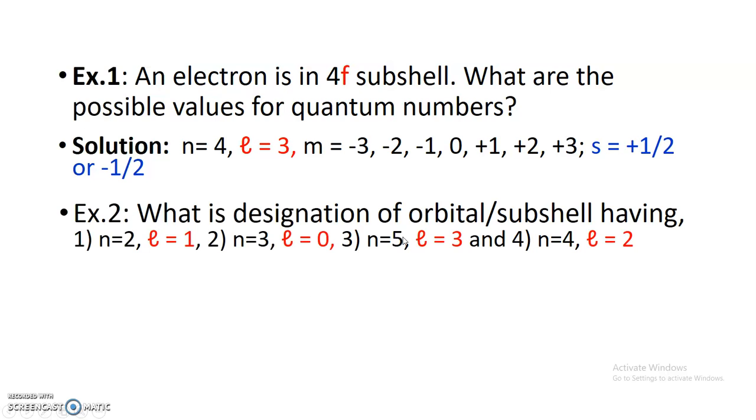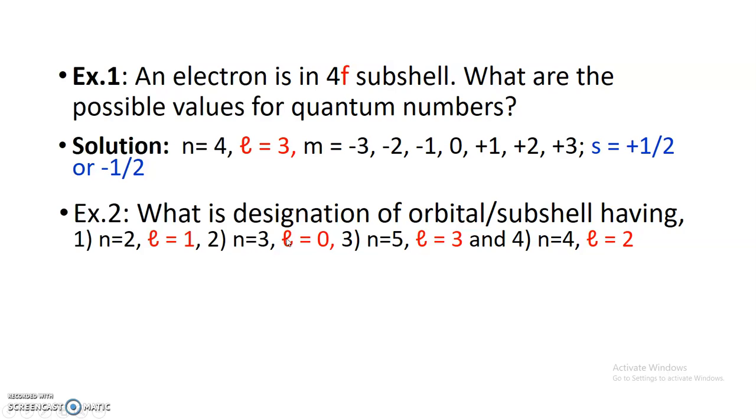Another example: what is the designation of the orbital subshell having, first, n is equal to 2, l is equal to 1; second, n is equal to 3, l is equal to 0; then n is equal to 5, l is equal to 3; and n is equal to 4, l is equal to 2. So these are 4 different subshells. When n is equal to 2 and l is equal to 1, the subshell must be 2p.